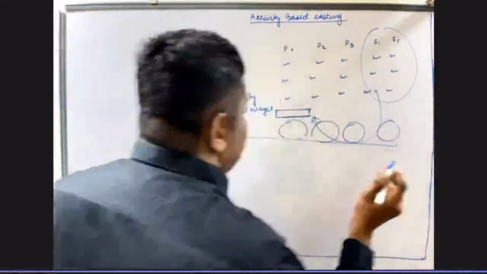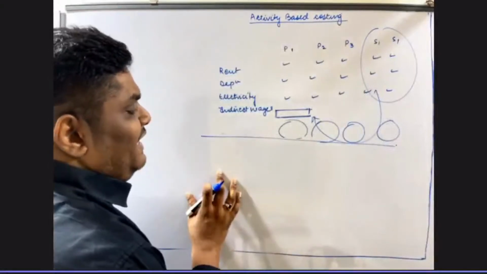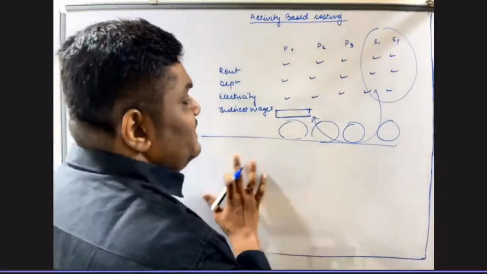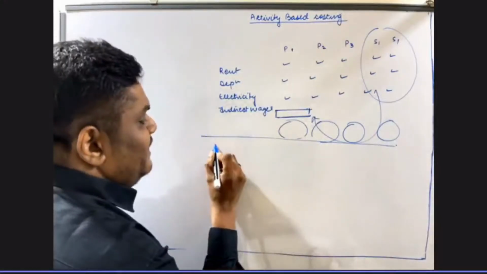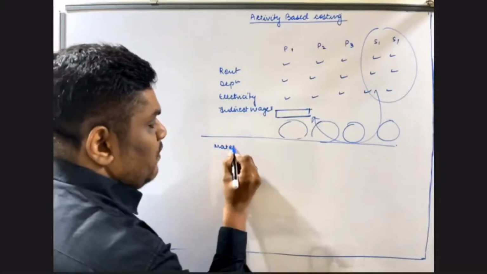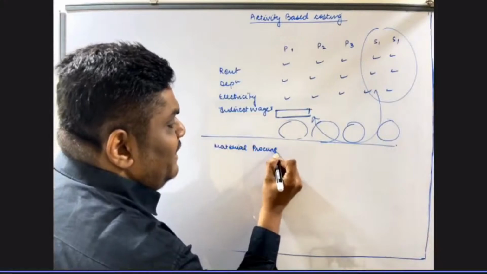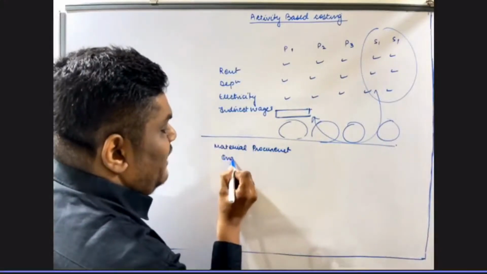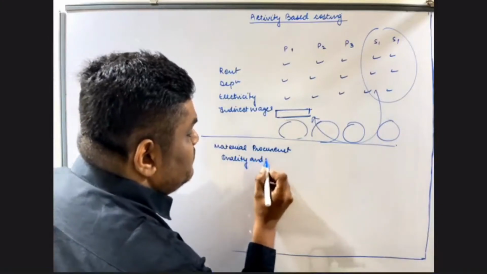Activity-based costing says that the first step is to identify the activities. Let's say these are the activities. Material procurement can be an activity.